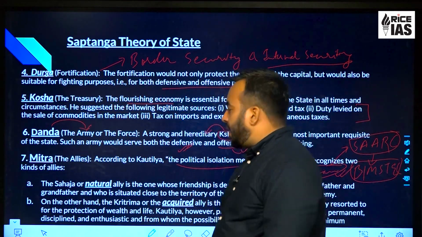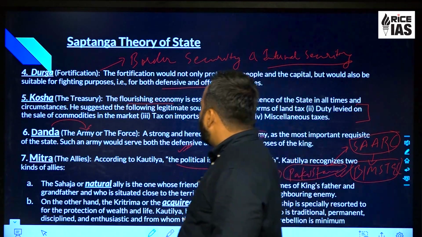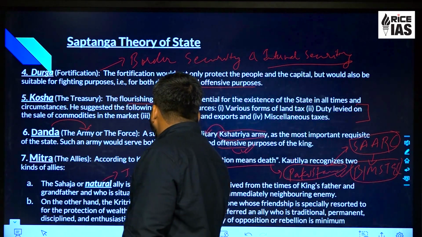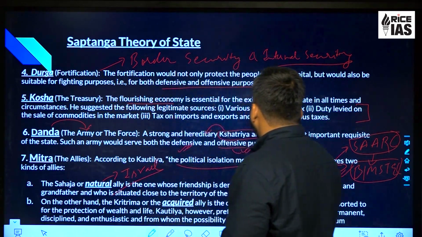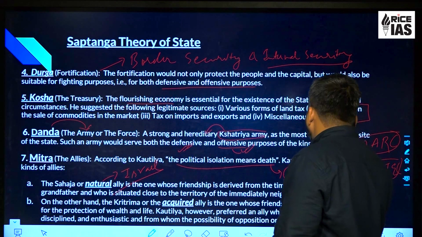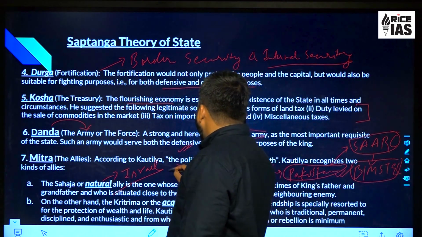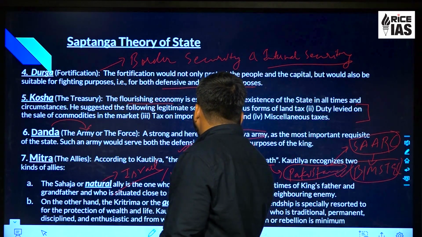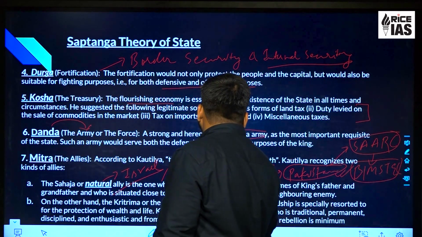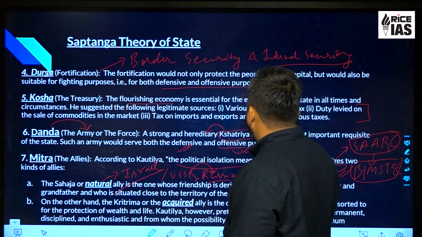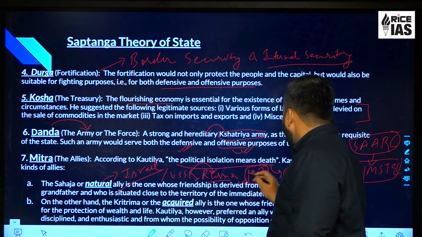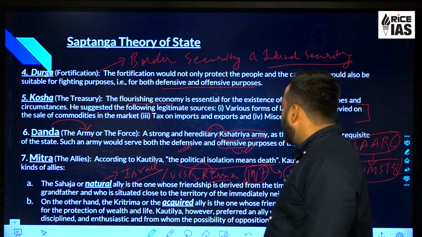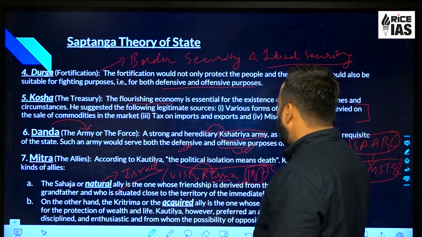Friends are of two types. Natural allies: Israel has been called a natural ally of India at times, whose friendship is derived from the times of the king's father and grandfather. So as per this definition, USSR fits the bill. USSR, or Russia today, fits the bill, because India sought inspiration even in the 1917 Russian revolution, Red Revolution.